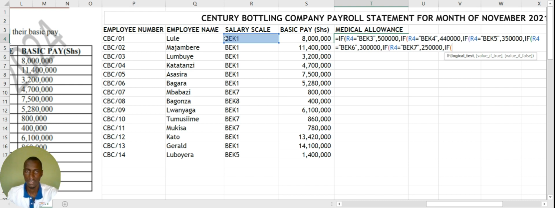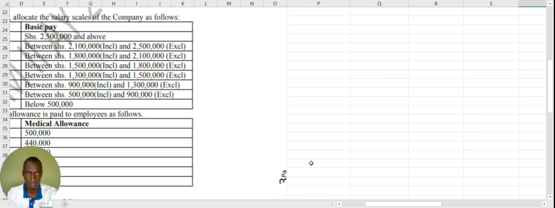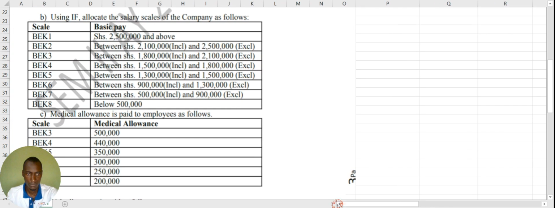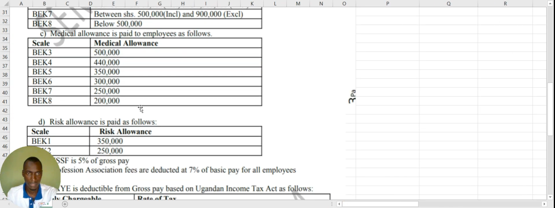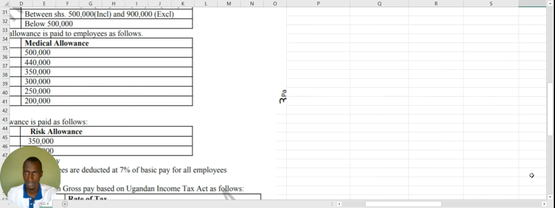Then if our salary scale, do we have BEK8? That is 200,000.